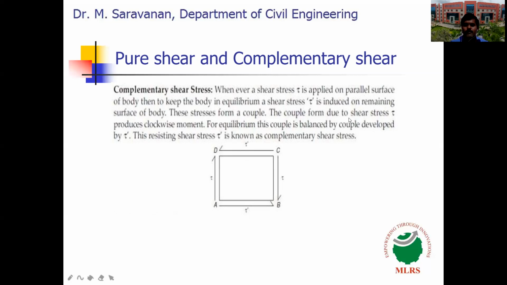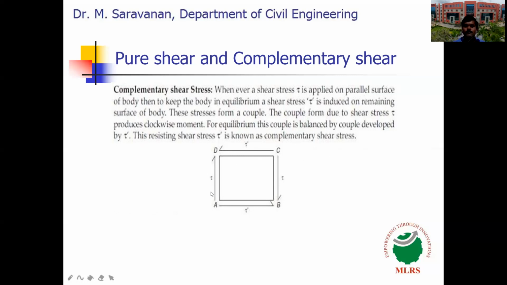The couple formed due to the shear stress tau produces a clockwise movement, so for equilibrium this couple is balanced by the couple developed by tau dash. The resisting shear stress tau dash is known as the complementary shear stress.